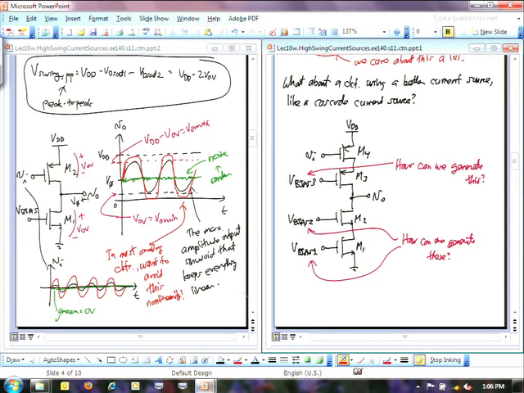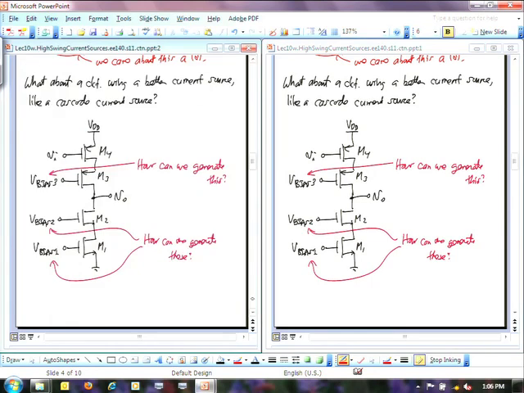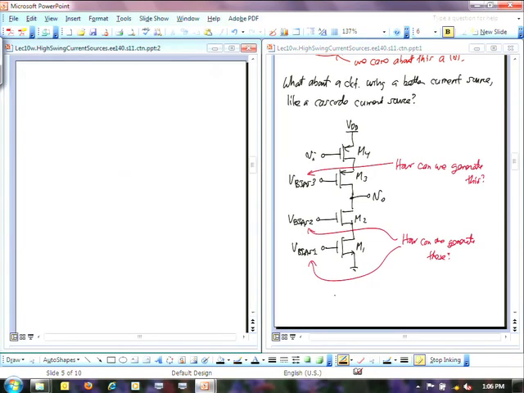Let me draw another diagram here to show that maximum swing. So we're looking at this as a function of time, and this is also V naught here, our output voltage. And VDD is right here. Ground is right there.